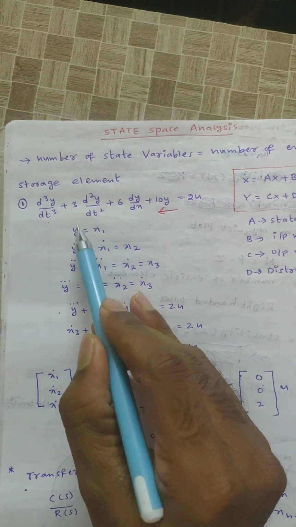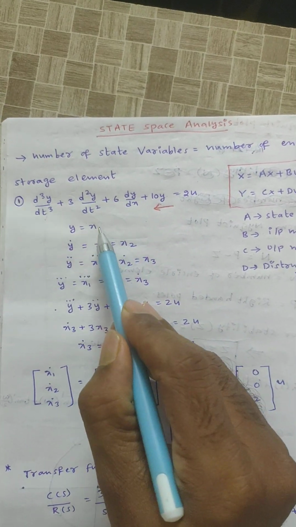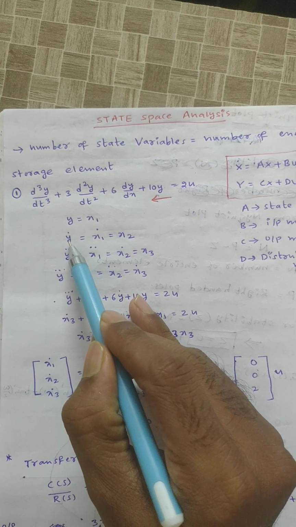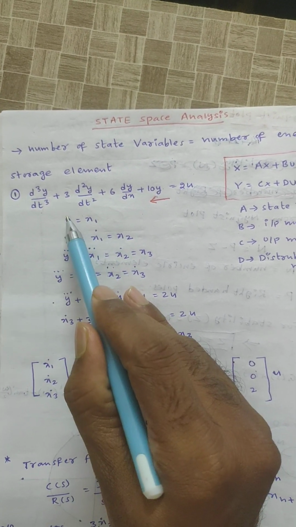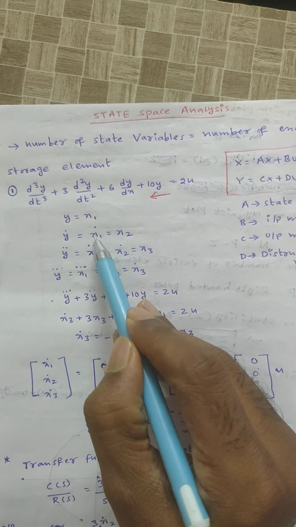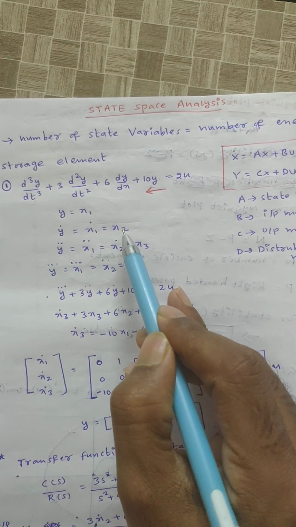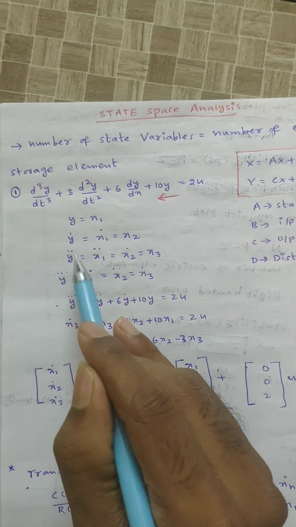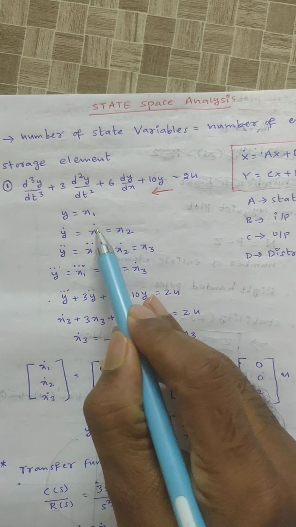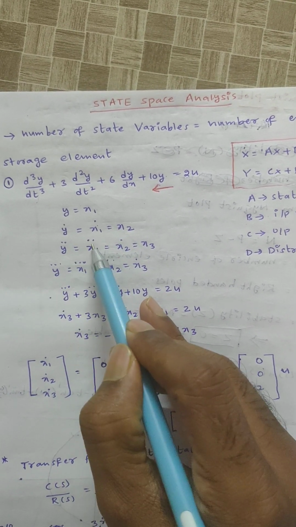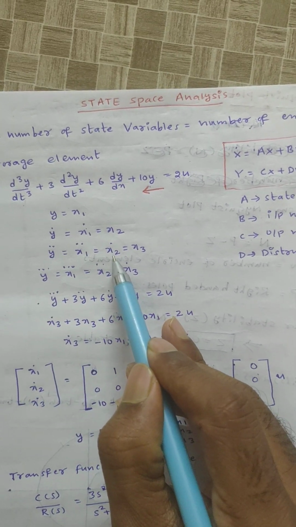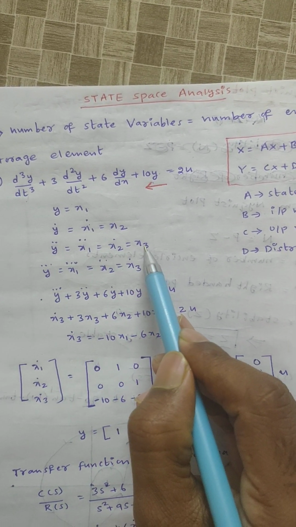Let us assume y equals x1 initially. After that, y dot is the first derivative; applying differentiation on both sides, y dot equals x1 dot, and that x1 dot equals x2. Similarly, differentiating y dot again, you get y double dot, which is x1 double dot, that is x2 dot, which equals x3.